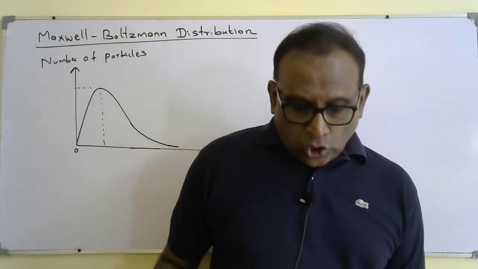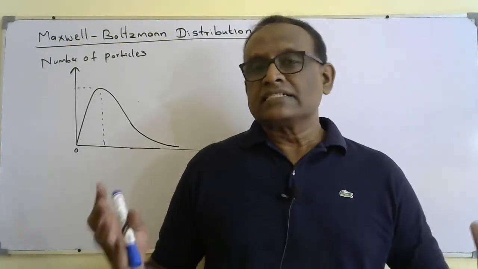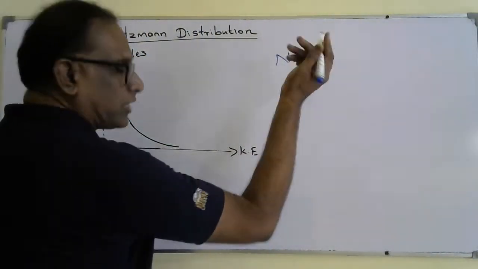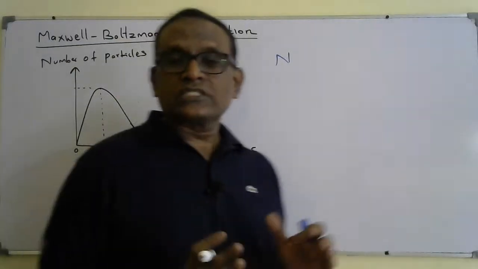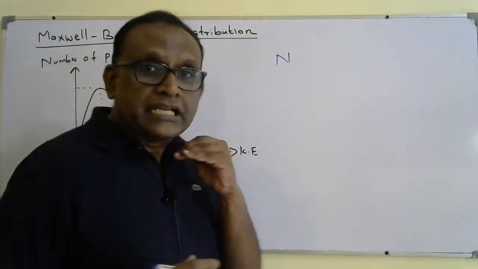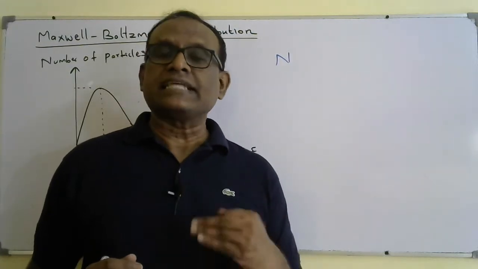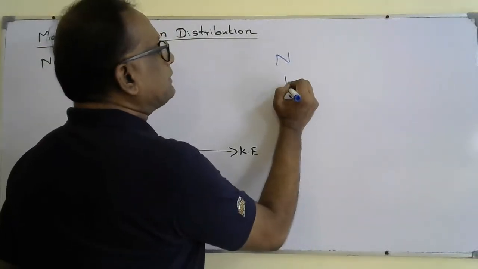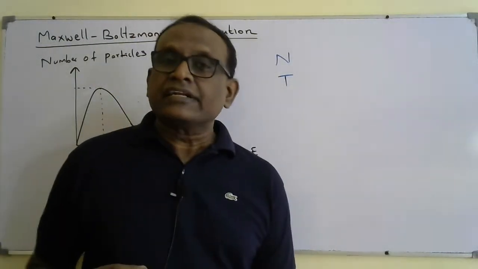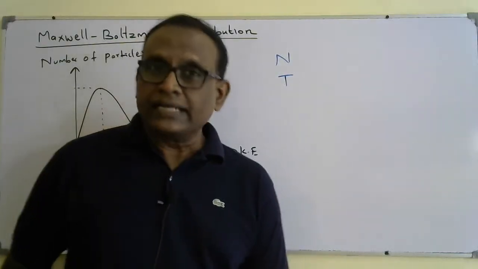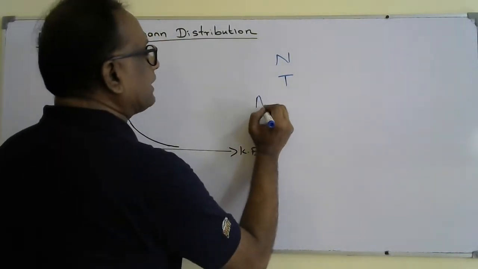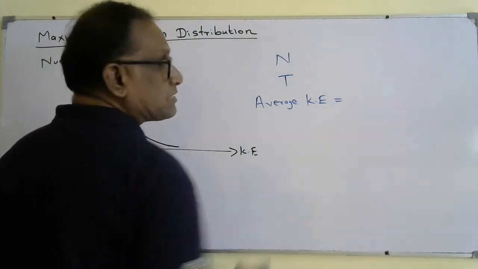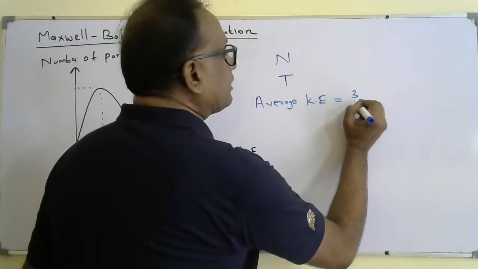In a closed container, if there are N gas molecules or gas particles, and the container is at an absolute temperature T, meaning temperature in the Kelvin scale is called absolute temperature, then the average kinetic energy of a gas particle is given by 3/2 kT.